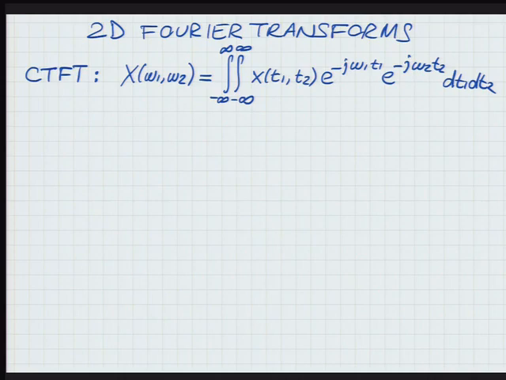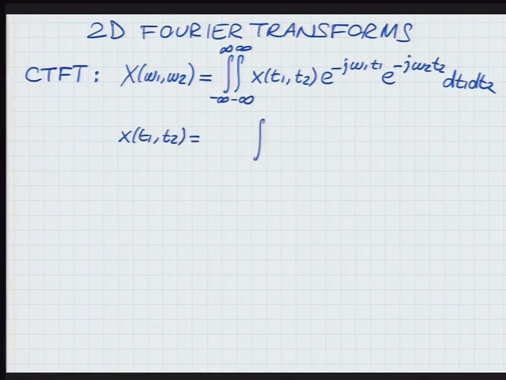All right, so this is the analysis equation. The synthesis equation goes much the same way. So if I'm given the Fourier transform as a function of omega 1, omega 2, and I want to recover the signal x, I do the inverse basically.